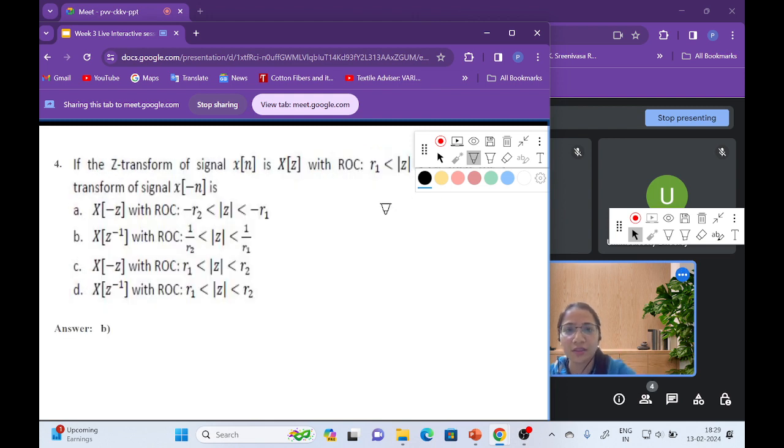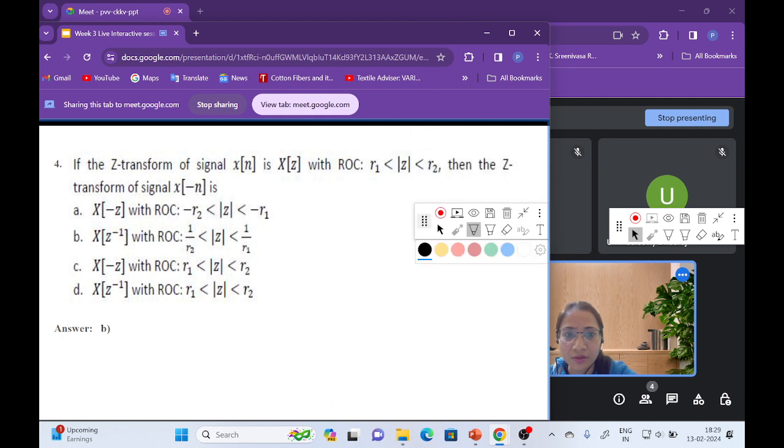So the next problem is: if the z transform of the signal x of n is x of z with ROC R1 less than mod of z less than R2, then the z transform of x of minus n is what? I think you have already gone through the properties of the z transform.